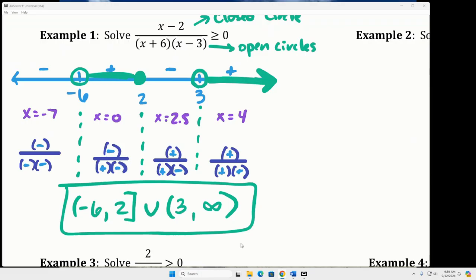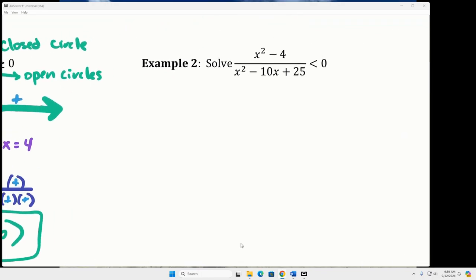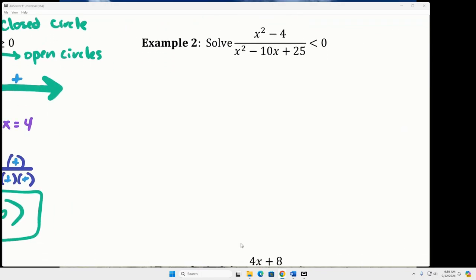Okay, now I'm not going to do all these examples unless you really just want me to. But we are going to do example 2. Example 2 is a little more challenging because you have to factor.